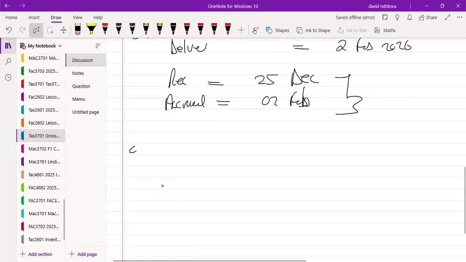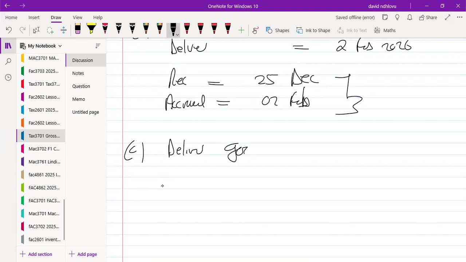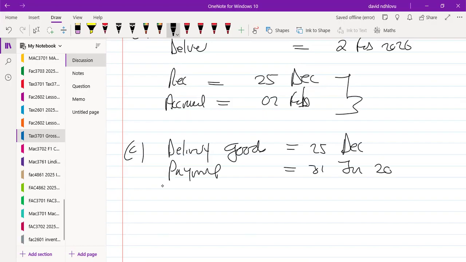It can happen also that you deliver goods on 25 December, but your payment is payable on 31 January of the year 2026.